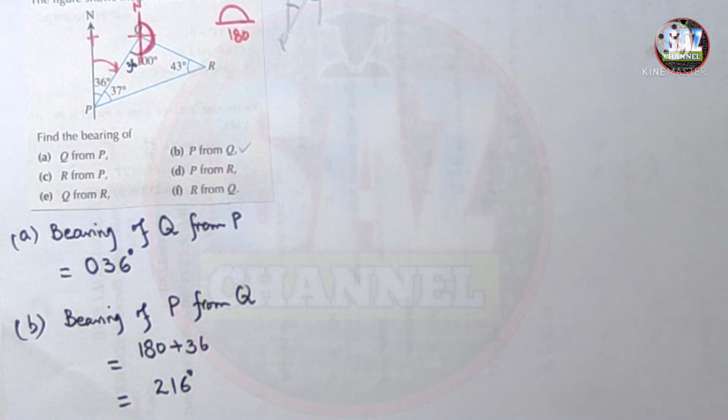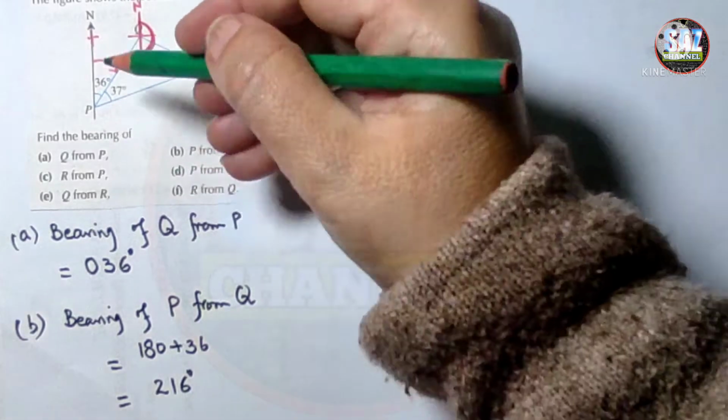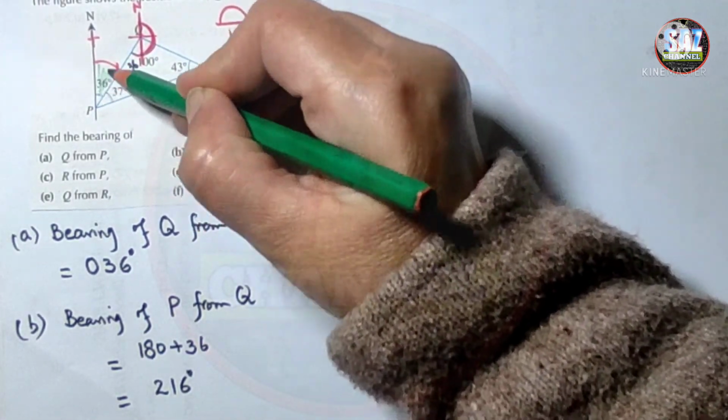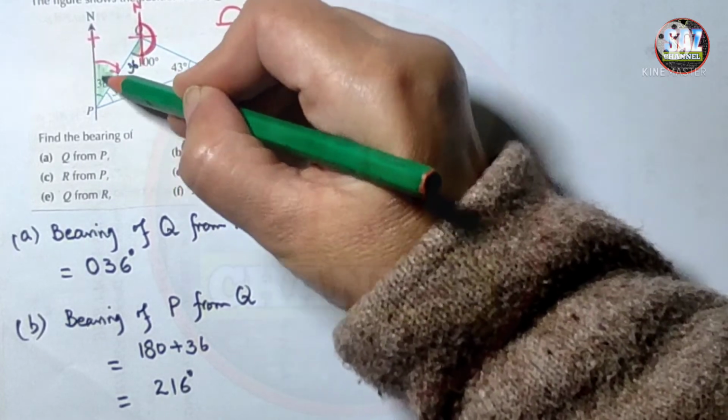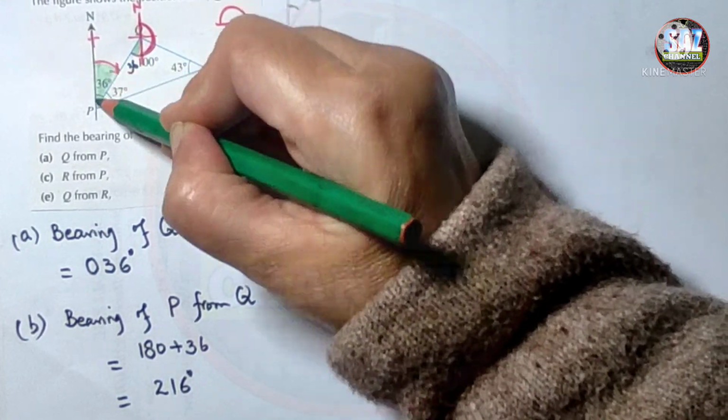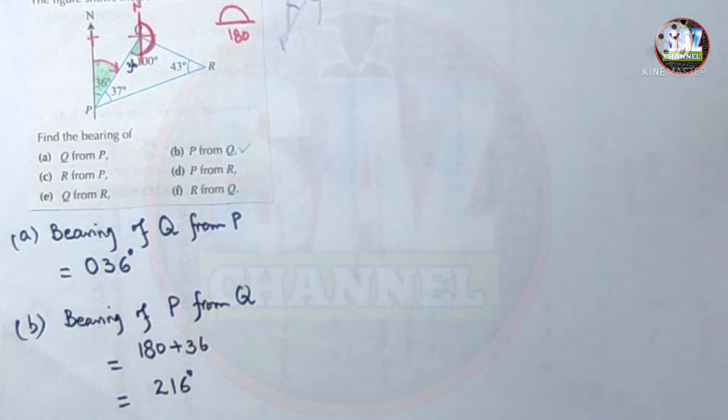Let me use some color pencil so that my students can see these two angles carefully, that they are equal. And why are they equal, children? Because they are alternate angles. Due to the alternate angles, these two angles are equal, so they will have the same measure.